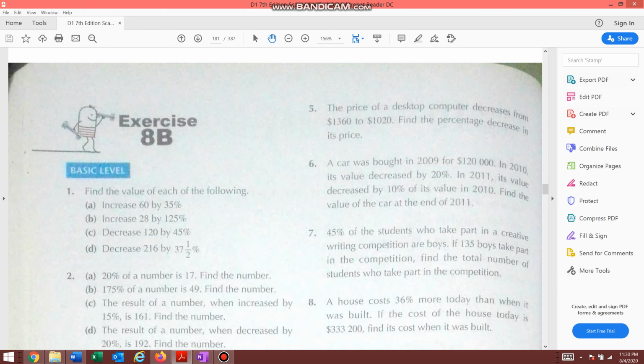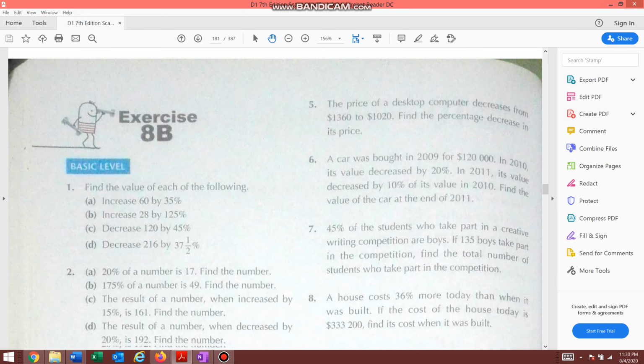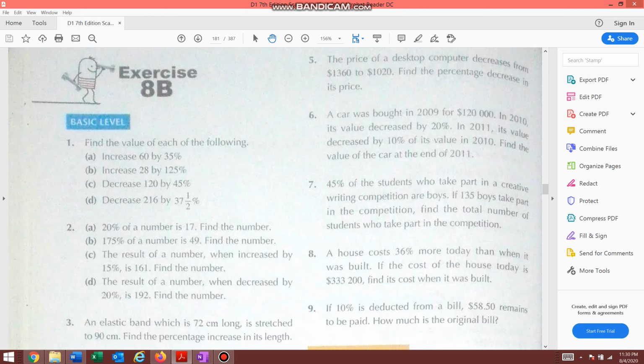So I'm going to start with question number 1 of exercise B. Okay? Now I've explained to you that when we're talking about one certain quantity, we always call it one whole, a complete, which is 100%. Before increasing or decreasing, before there is any change in the percentage, we call it 100%.